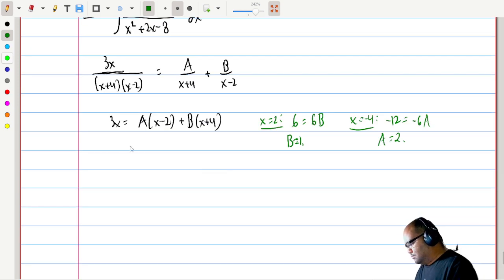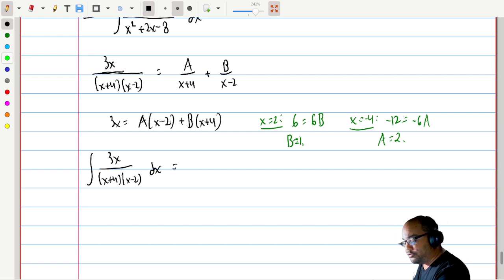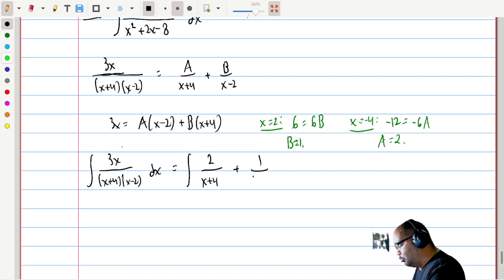And what happens now is my integral, I just use the formula that I set up here, the recipe. Watch that video. 2 over x plus 4 plus 1 over x minus 2.